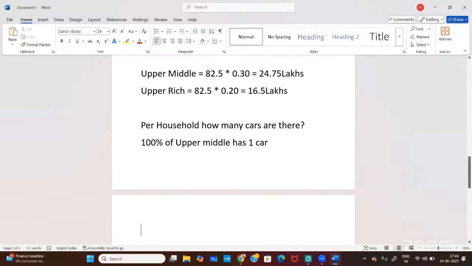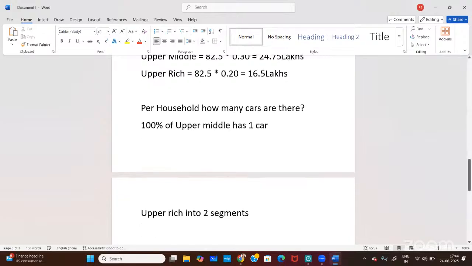Now, when it comes to upper rich, a few people might have two cars and a few people might have one car. So similarly we'll categorize the rich into two segments.